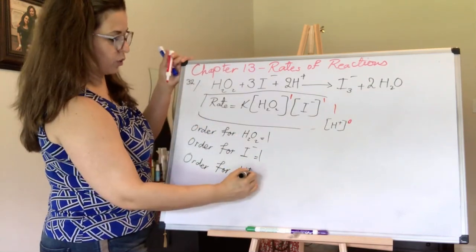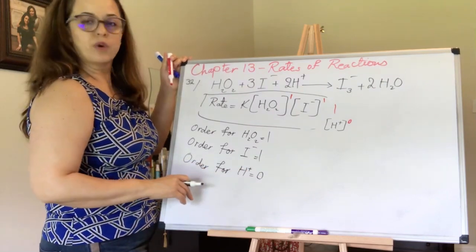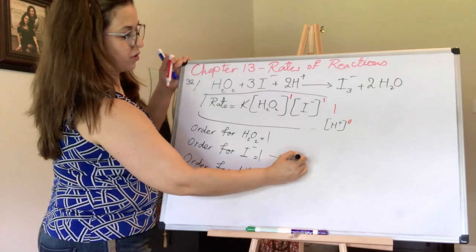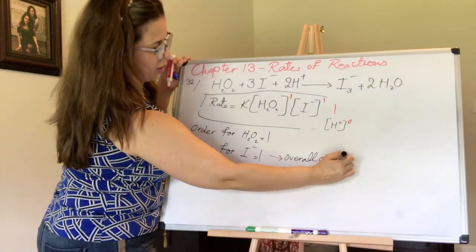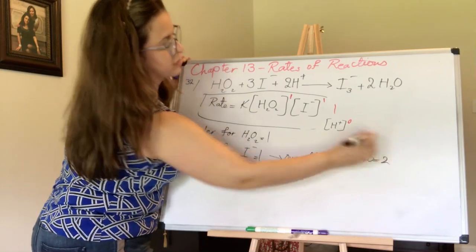So the order of the reaction for hydrogen is 0. So what is the overall order? 1 plus 1 plus 0 is 2.